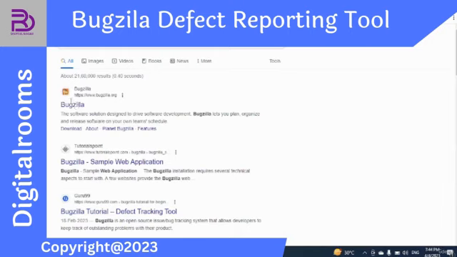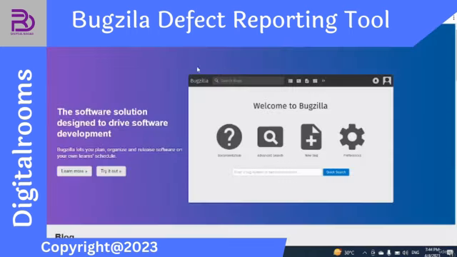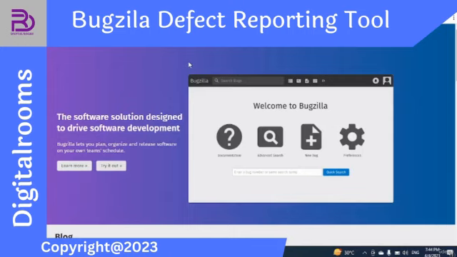You need to choose the first one, which is bugzilla.org. Choose bugzilla.org and it will redirect to Bugzilla's official main page. Here you can download the application for your desktop, your Android, or your iOS.